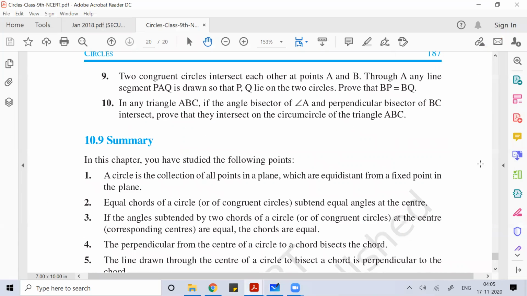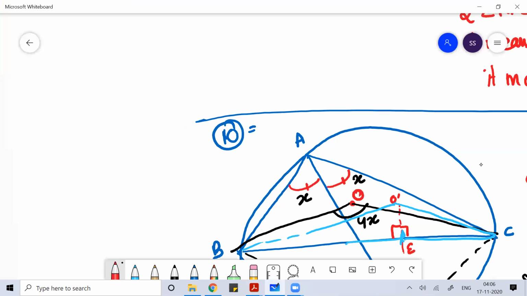So here in any triangle ABC, if the angle bisector of A and the perpendicular bisector of BC intersect, prove that they can intersect on the circumference of the circumcircle of triangle ABC. Yes, they are intersecting at the circumference, which we have proved here.